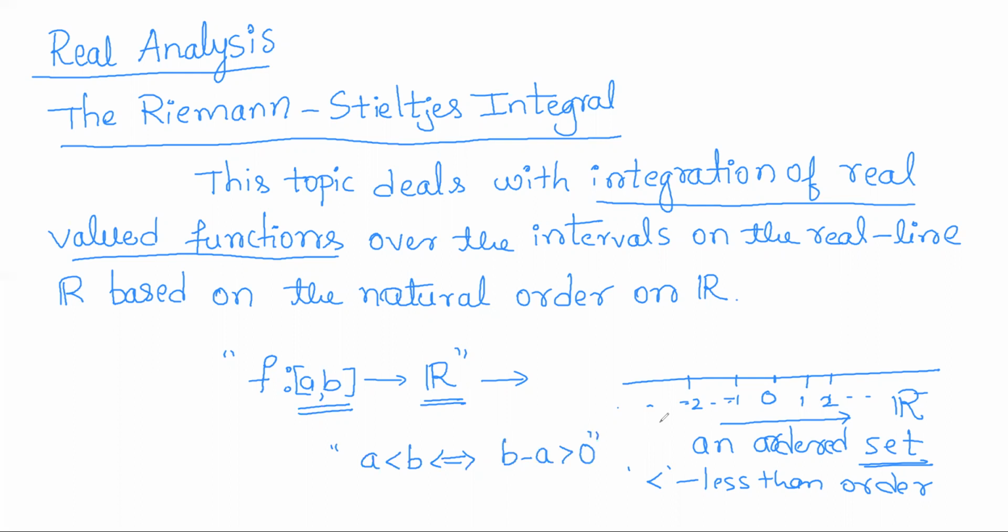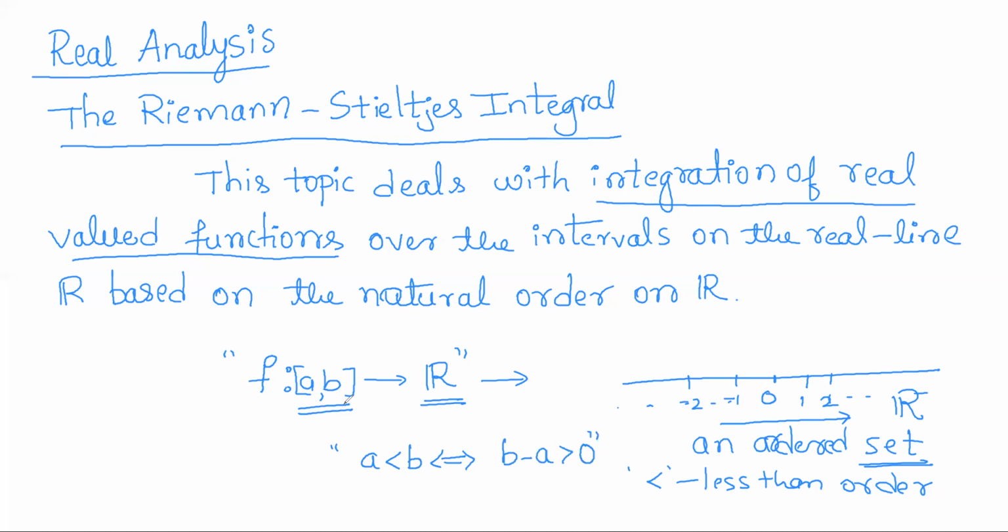We know that. So the real numbers are arranged from smallest to biggest, right? So using this order, using the arrangement of real numbers, we'll try to integrate a function which is defined on some closed interval and takes real values. Okay, so this is a topic which mainly deals with integration of real valued functions defined on some closed interval.